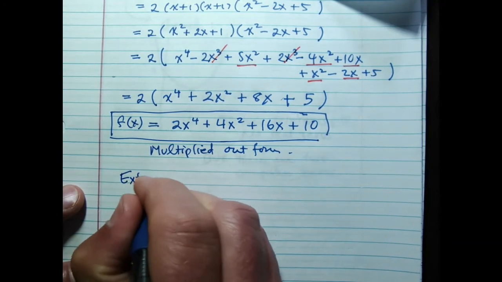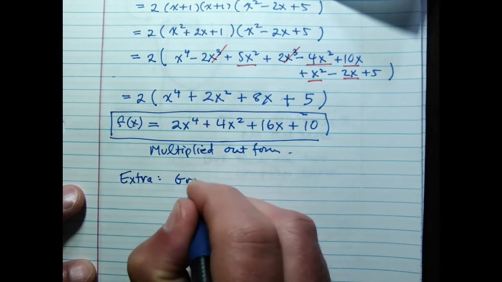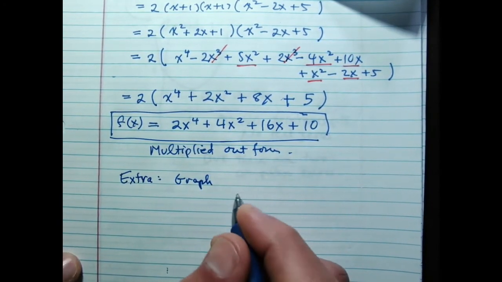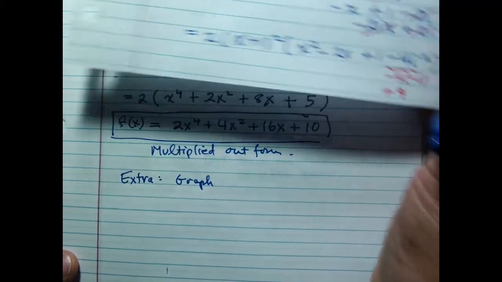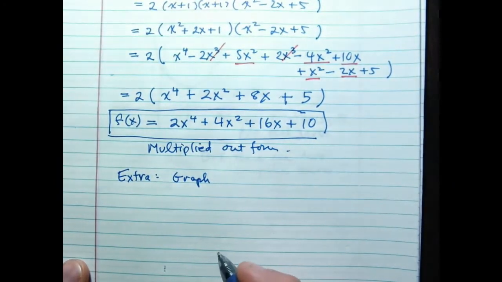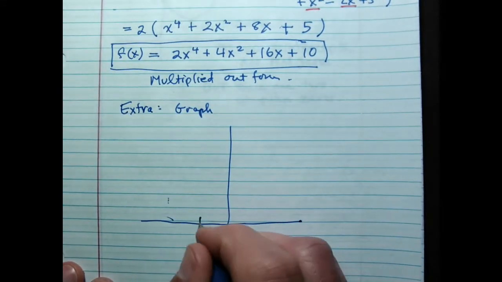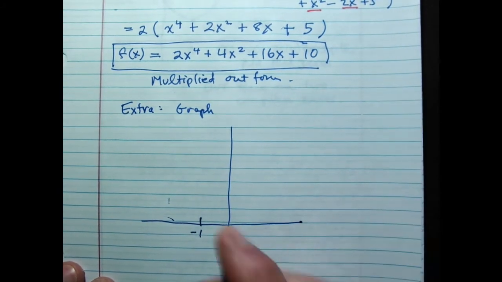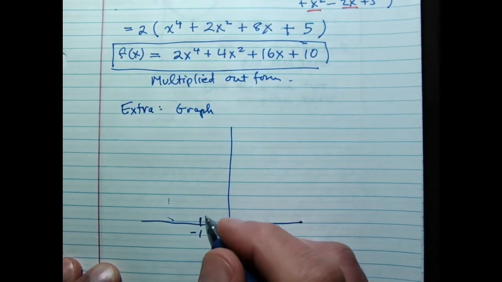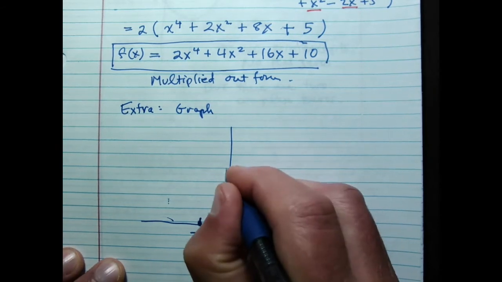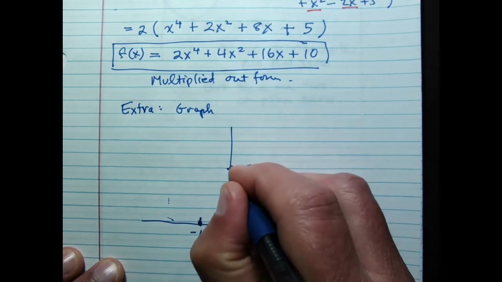I just want to say something about the graph, because I think the graph helps us understand what's going on with this polynomial. Okay, we know -1 is the only real 0. We know our y-intercept is at 10.